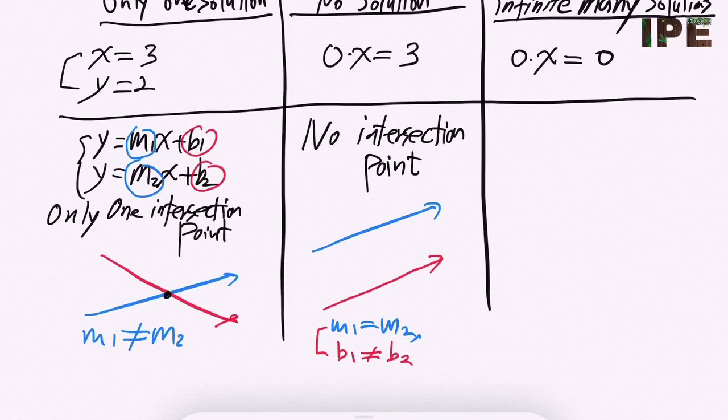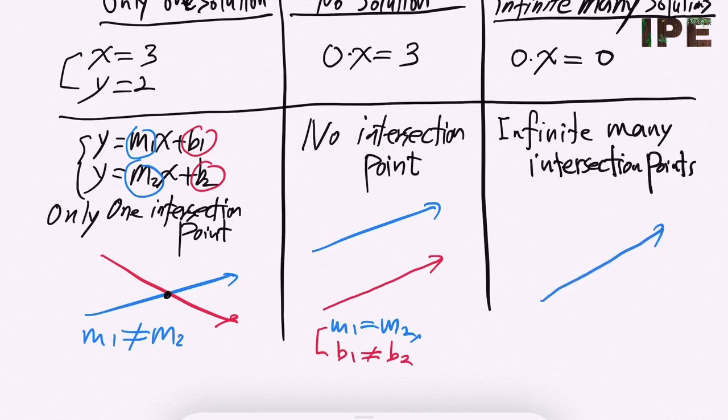Some systems of equations have infinitely many solutions. There was the 0x equals 0 form. In mx plus b form, if they have infinite intersection points, that means infinitely many solutions, right? So how can two lines have infinitely many intersection points?